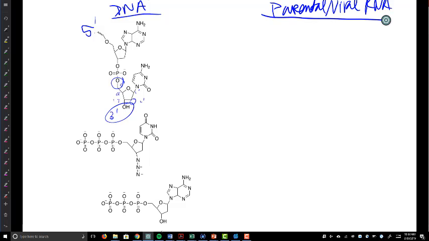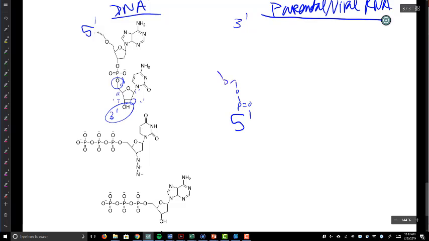So some of you probably haven't drawn in the RNA yet. How would the direction go for the complementary parental strand of RNA? Down here, would we have the 5' or the 3'? So we'd have the 5' down here, and we'd have the 3' up here. So we're going to have our phosphate down here, and we're going to have our ribose rings oriented like so.